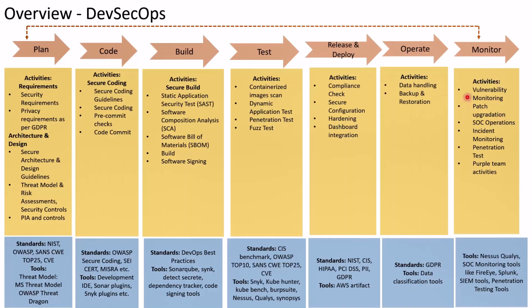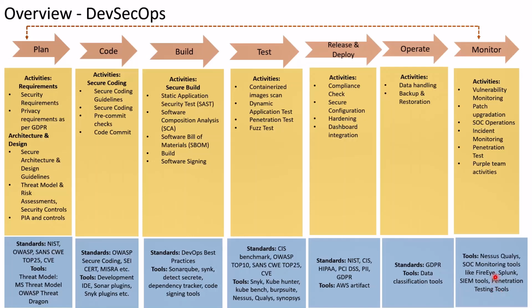Here we have vulnerability monitoring, patch upgradation, SOC monitoring, incident monitoring, penetration test, purple team activities. These activities we need to execute in the monitoring stage. Again, tools like Nessus, Qualys, SOC monitoring tools like FireEye, Splunk, SIEM tools, penetration testing tools.